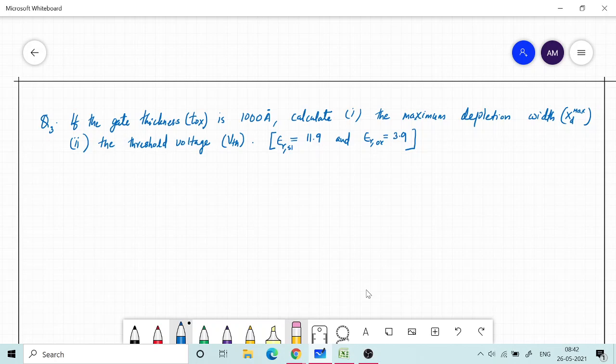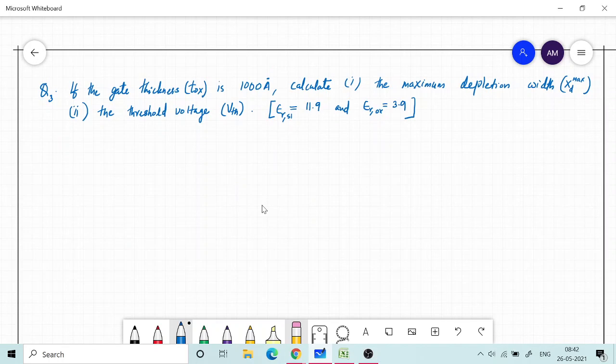Now what do we mean by maximum depletion width? Earlier we have seen that if we increase the VGB, part of that will be dropped across your oxide, and some portion will be dropped across the interface region in the semiconductor, which we denote as psi s.